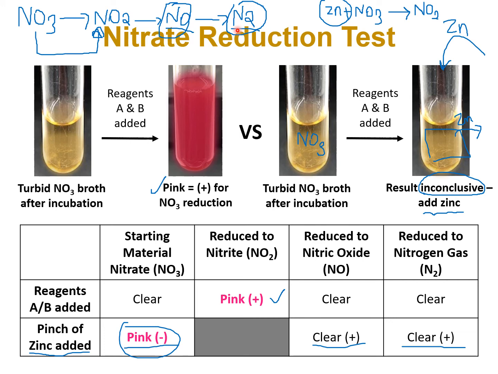Again, we're not going to be 100% sure whether it's nitric oxide or nitrogen gas, but we can tell that it is definitely positive because there isn't any more nitrate in the test tube. So in this case, clear is positive, not negative. Clear after the addition of zinc is actually positive. So this is basically the nitrate reduction test.